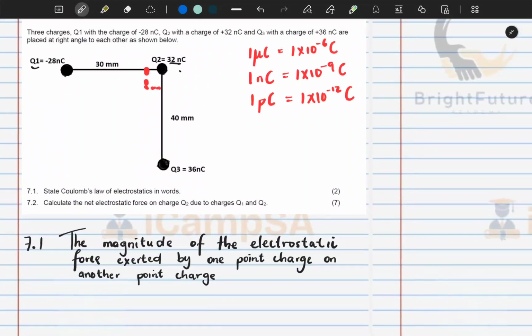Now this is where you say it's directly proportional to the product of the magnitudes of the charges.